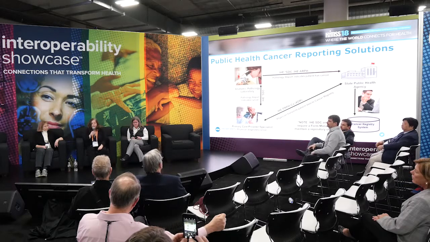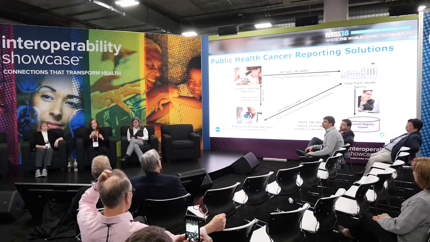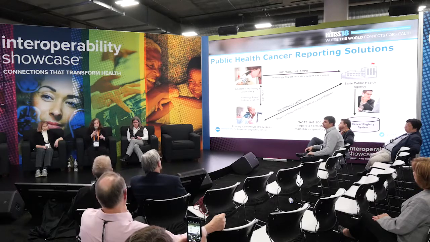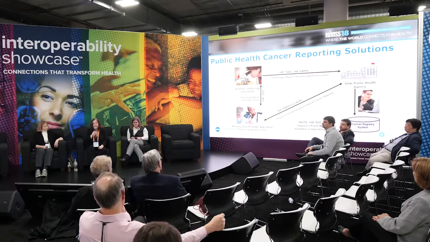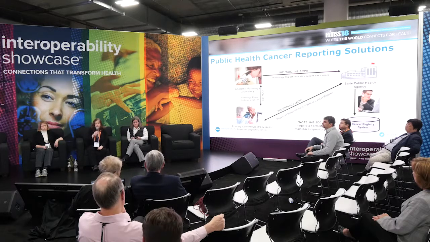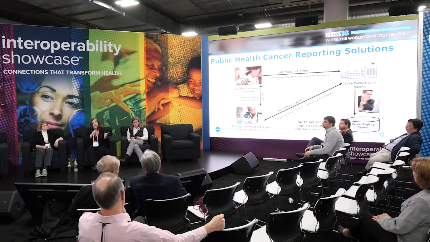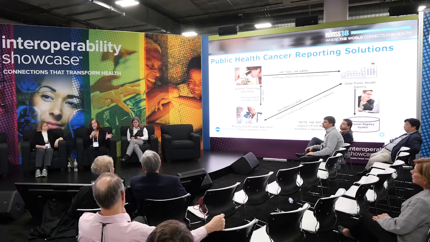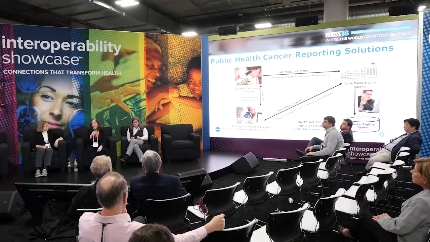Then, as you can see, there's also the IHE structured data capture, or SDC. That can be used to go from the anatomic pathology laboratory both to the provider and to the state cancer registry. And then the pathology laboratory can also send that ARPH, which is the HL7 version 2 format of the pathology report.